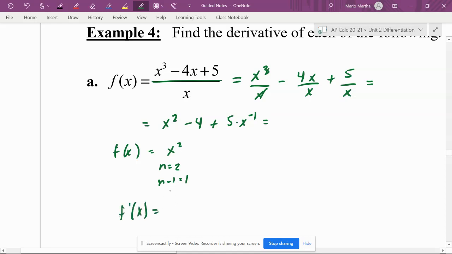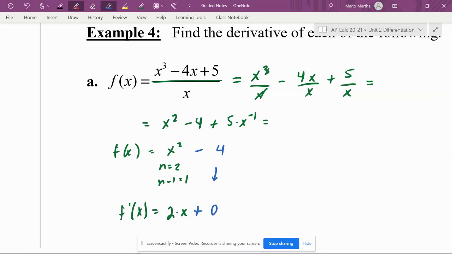So the first one is just going to be 2 times x. Okay, we're done. The next one, we have minus 4, right? So there's an x to the 0 right there next to it, but the derivative of a constant, remember, is just 0. So this just transfers as a plus 0.